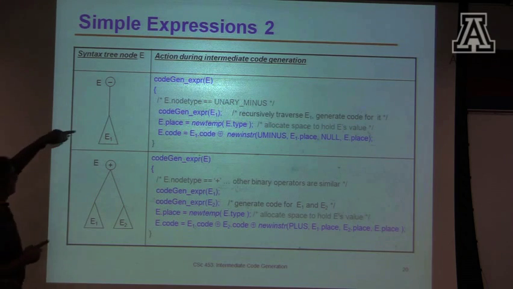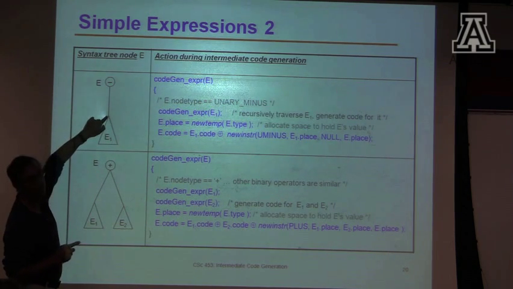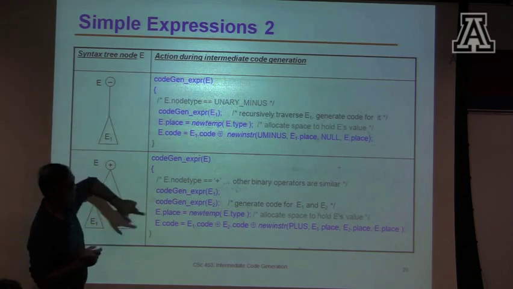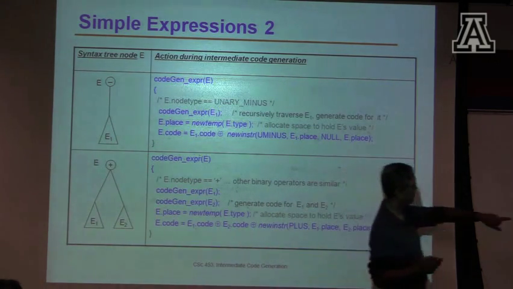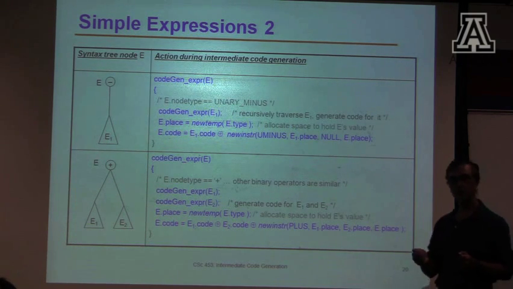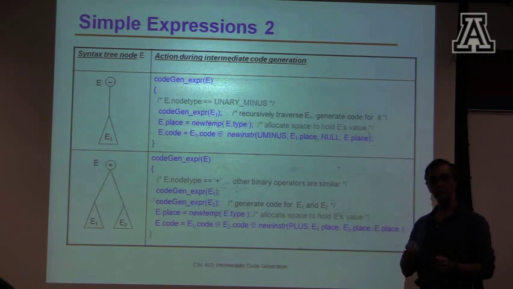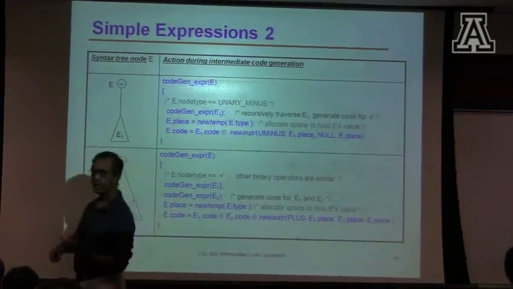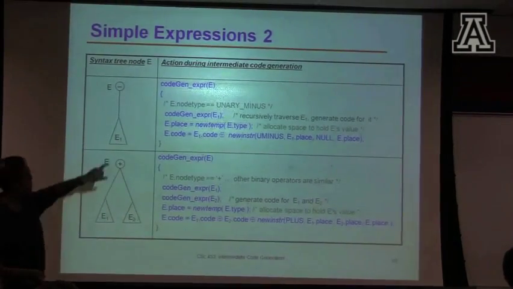So there's a place field for this subtree. There is also a code field, which is the list of 3 address instructions which, when executed, will evaluate this expression. So I have an instruction sequence to evaluate E1.